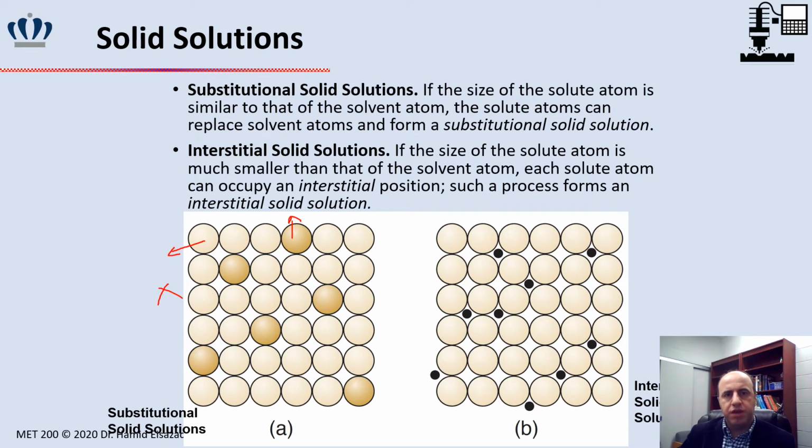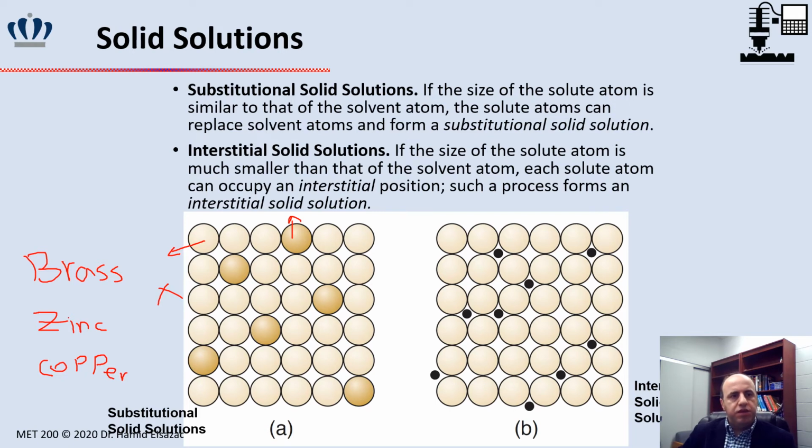One example can be brass. In brass alloy, as you know, it's a mix of zinc and copper, right? Sorry for my bad spelling because I'm using my mouse.